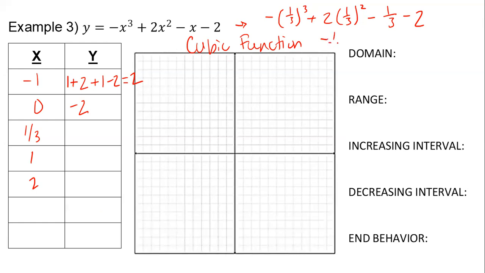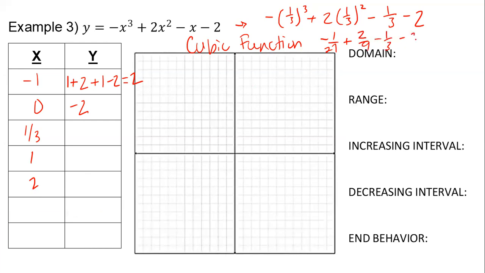So we end up with -1/27. And then here we have plus 2/9 because 1/3 squared is 1/9. 2 times 1/9 is 2/9.